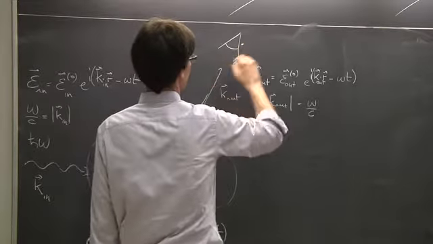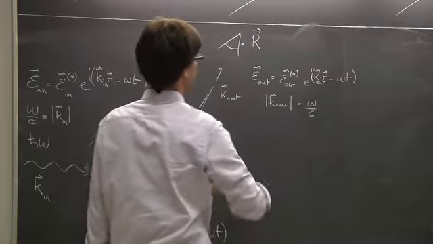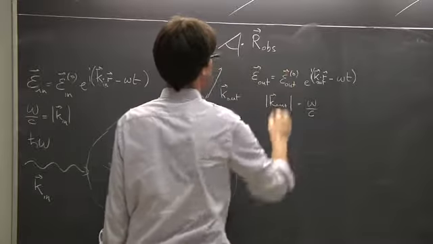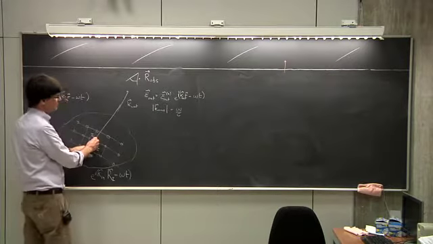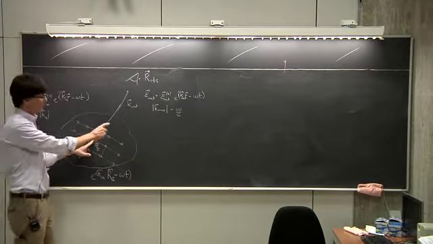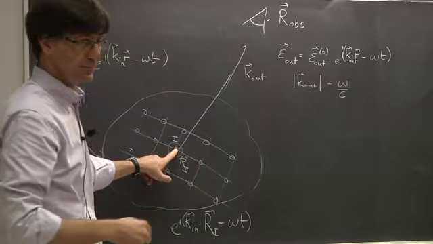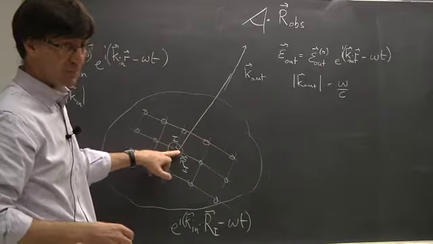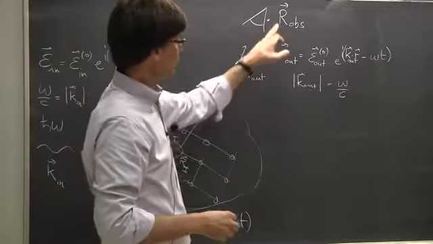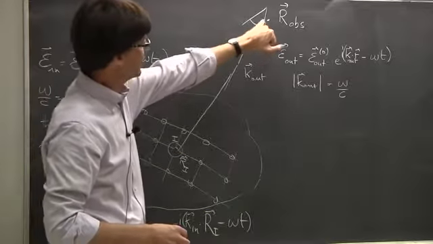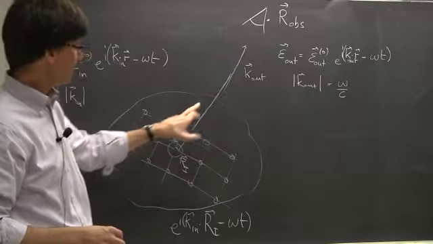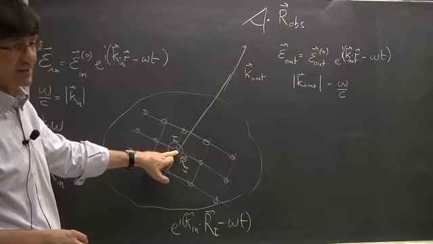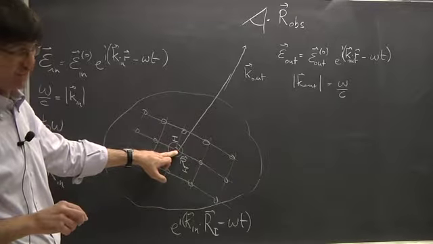So if I'm positioned at a point, actually let me call it R observer, just to distinguish it from the other ones. The phase with respect to this point of the outgoing field, notice, with respect to this point, I now want to understand what is the phase of the outgoing electromagnetic field here, with respect to the phase the outgoing field has here.